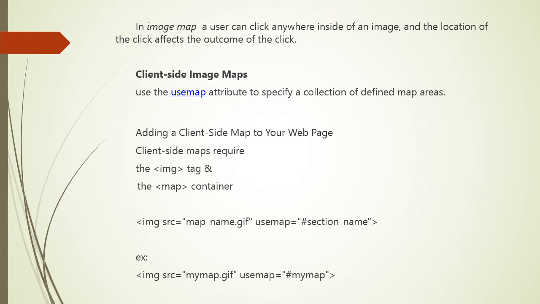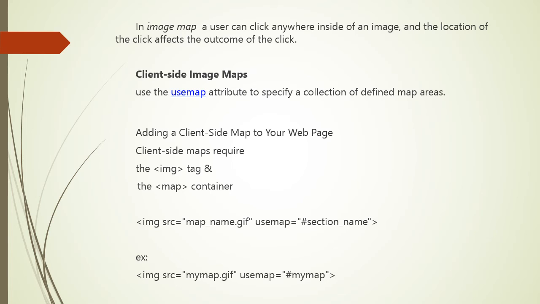We can say that an image map is a user interface technique in which the user clicks anywhere inside the image and the location of the click affects the outcome of the click. The idea is that clicking on different sections of the image creates different effects. For example, an image might be a map of the United States and clicking within the borders of a particular state leads to a page about that state.